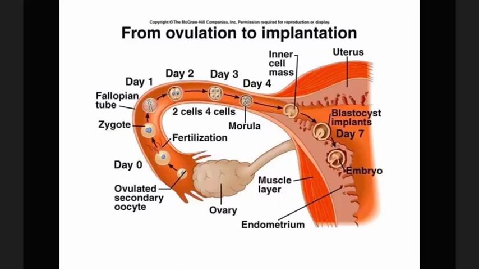And if the sperm meets the ovum successfully, then fertilization would occur. That becomes the zygote, which happens in the fallopian tube, and again through the tube it is transported into the endometrium, and on day 7 the blastocyst will implant and grow as an embryo.